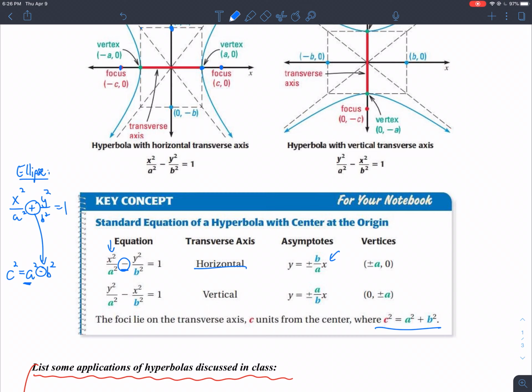For a hyperbola, the formula, as you can see, contains a minus, and then the corresponding formula to find the focus contains a plus. So they're opposite. If you're working with an ellipse, then you know I'm subtracting to find my focus. If you're working with a hyperbola and the formula has a minus, then you know I'm adding to find my focus. There's a little bit of memorization there.